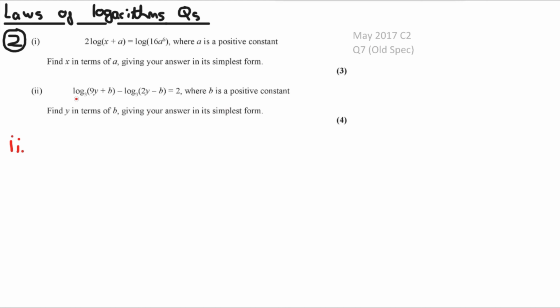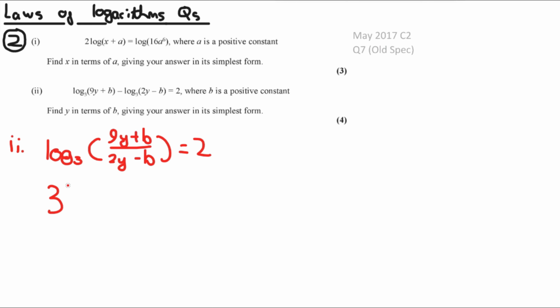So for the second part of 2, the first thing that we should probably do is simplify this by doing the division of the log. So it's going to be log base 3 of (9y plus b) over (2y minus b), and this is equal to 2. And then we're going to make 3 the base of both sides.